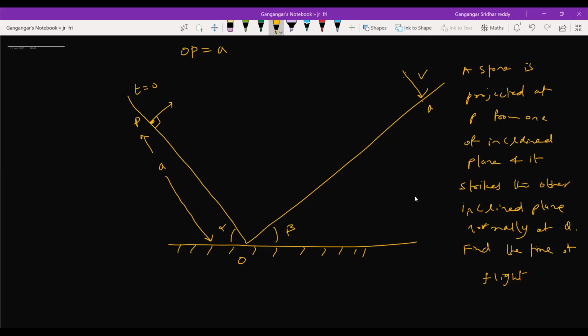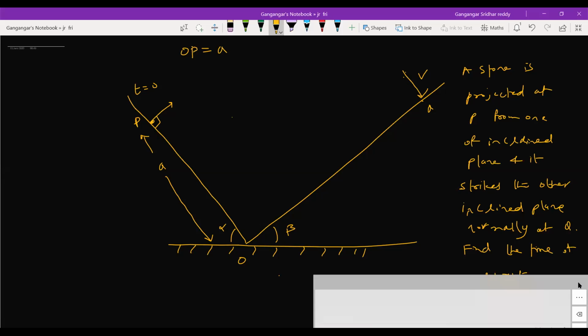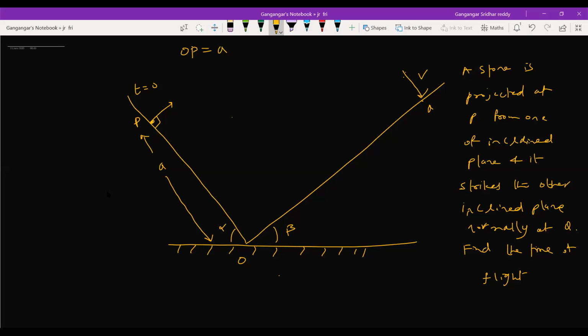Proceed in the same way as earlier. These two planes, the angle between the planes need not be 90 degrees.